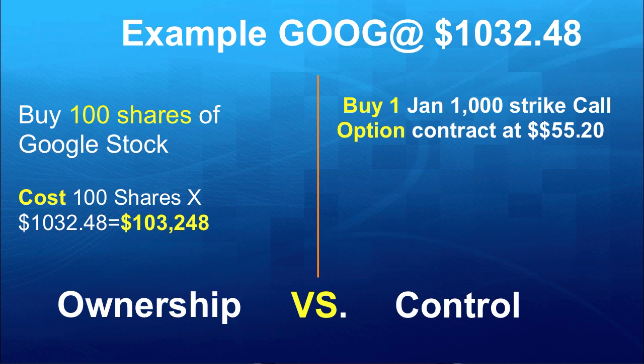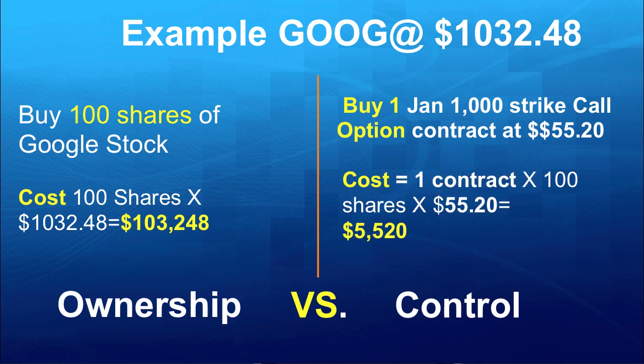So you buy one January 1,000 strike price call option for $55.20. Now a contract controls 100 shares. So again, on the left side, we could buy 100 shares of Google straight up, or we can buy a call option contract that controls 100 shares. So this is how the math works.